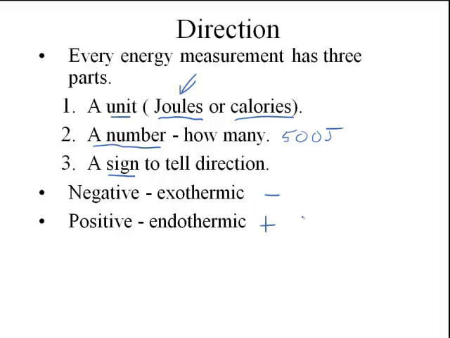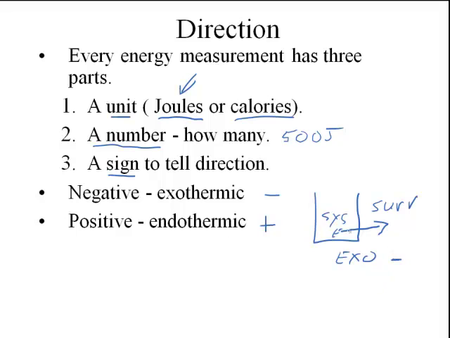Now, that might seem a little weird to you because in an exothermic reaction energy is given off. But again, let's think about how we define things. Here's our system, and here's the surroundings out here. If I'm looking from the system's perspective and energy left me, as in an exothermic reaction, from the system's point of view, it has less energy than it used to.